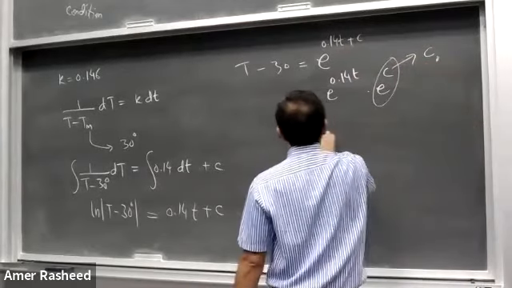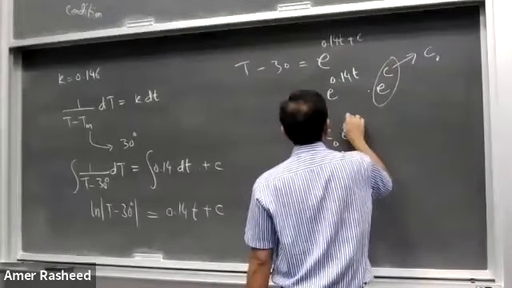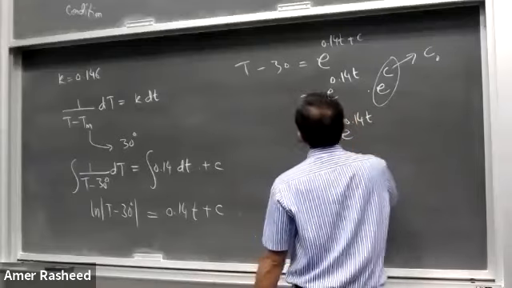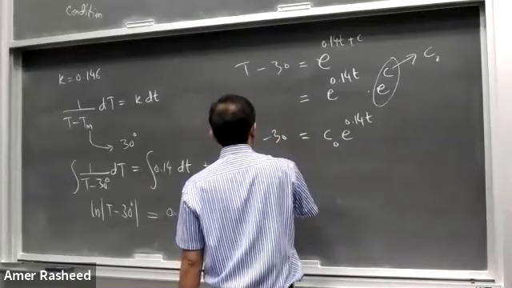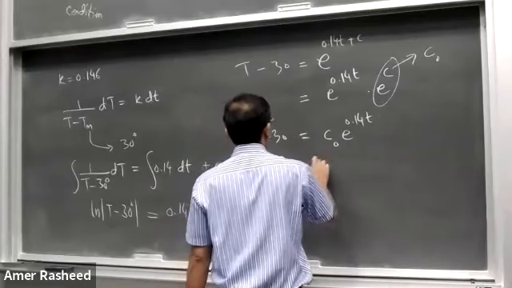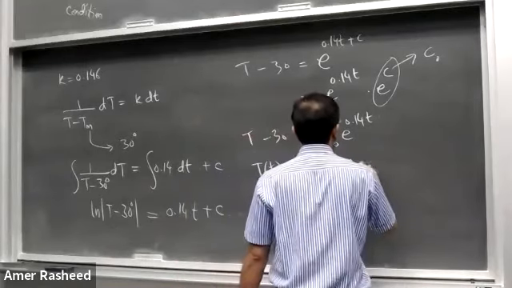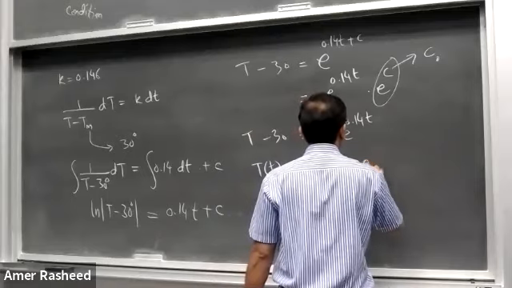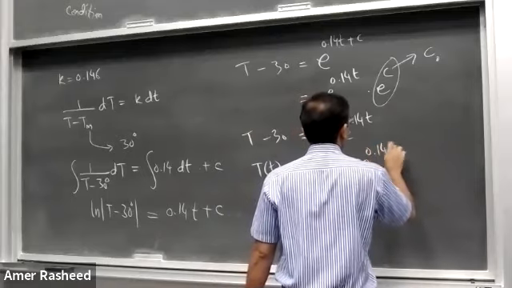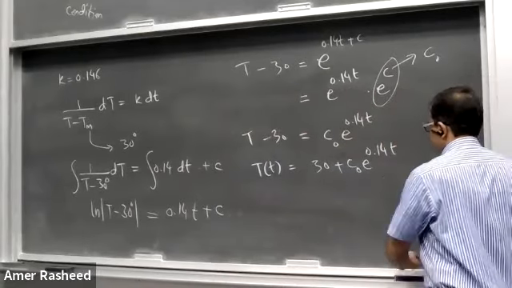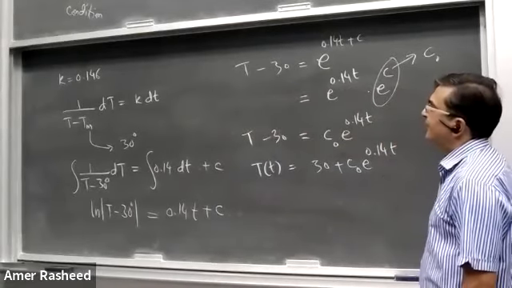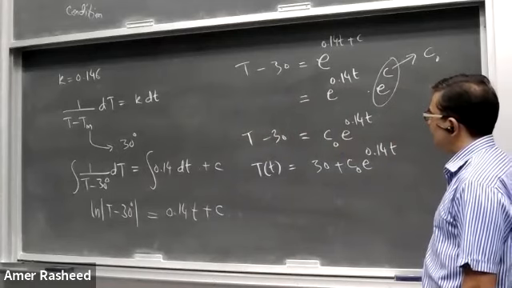So it becomes c naught e raised to 0.14 t, and here we have T minus 30. So T of t is 30 plus c naught e raised to 0.14 t. Now, here is our solution.